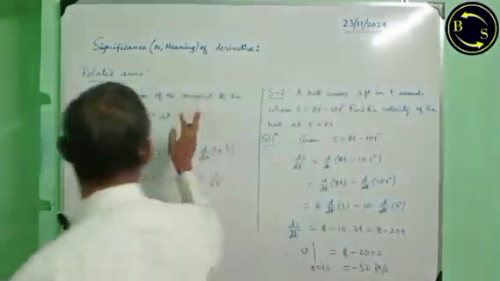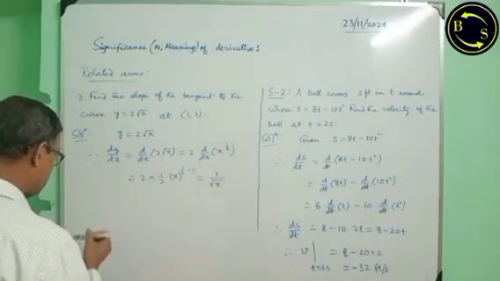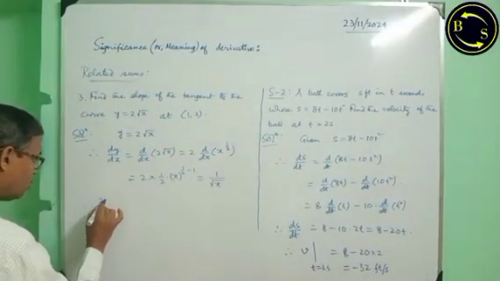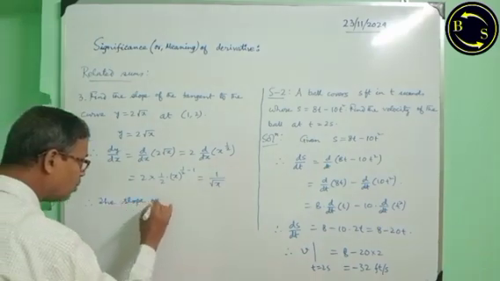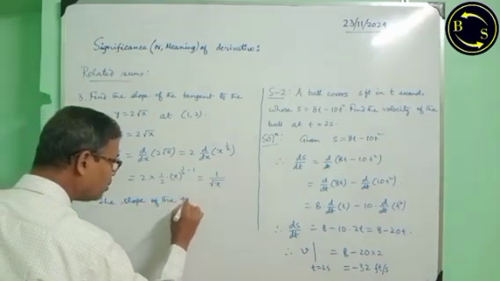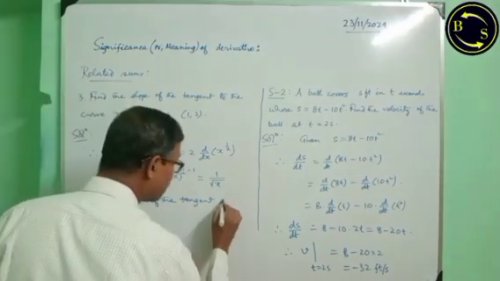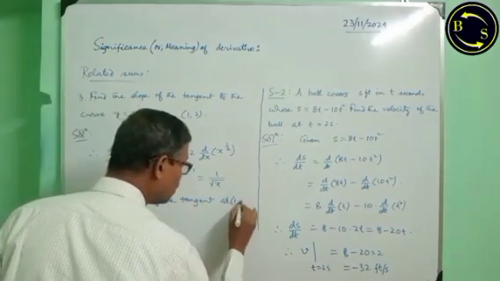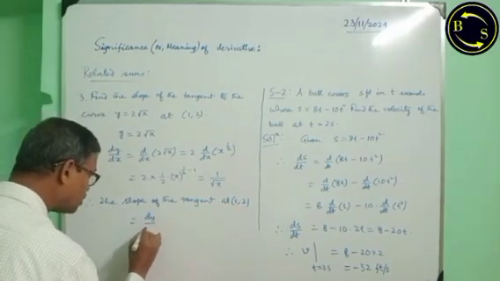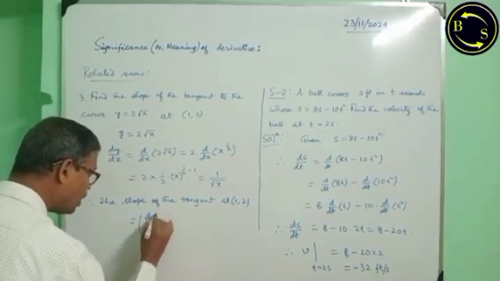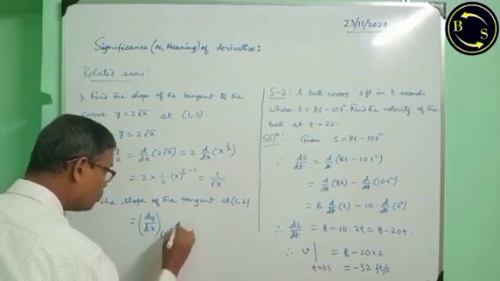Therefore, we have to find the slope of the tangent. Therefore, the slope of the tangent at (1, 2) is equal to dy/dx at the point (1, 2).